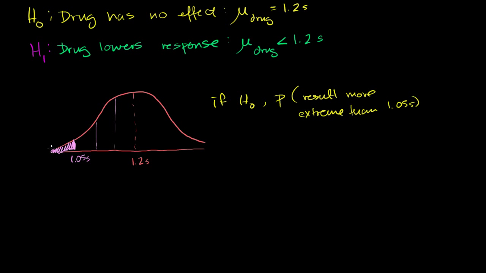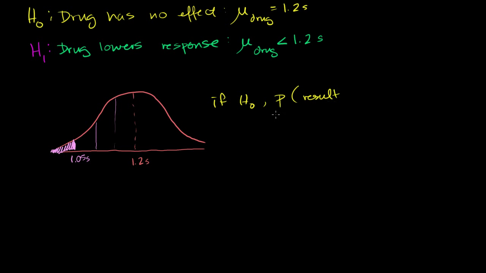In the last video, we cared about more extreme in both directions, because even a really high result would have said the mean's definitely not 1.2 seconds. But in this case, we care about means that are lower.